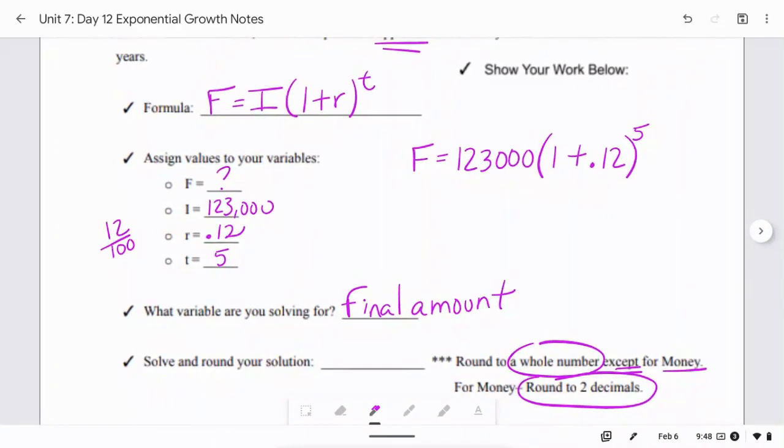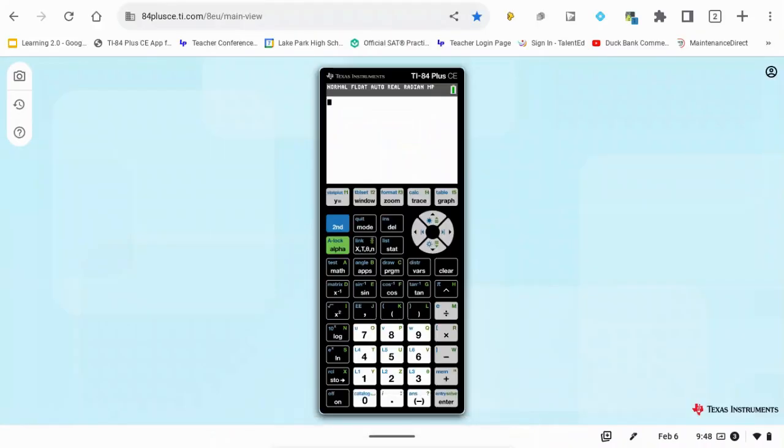So let's grab our graphing calculators and we're going to type it in exactly as it's written. I'm going to type in 123,000 parenthesis 1 plus 0.12, close the parenthesis, and then raise that to the 5th power. When I hit equals, I need to round it to 2 decimal places.